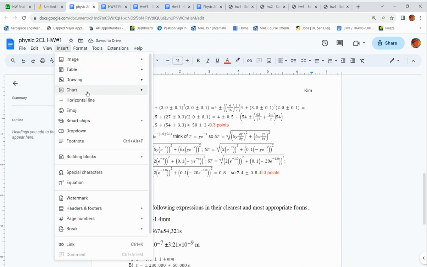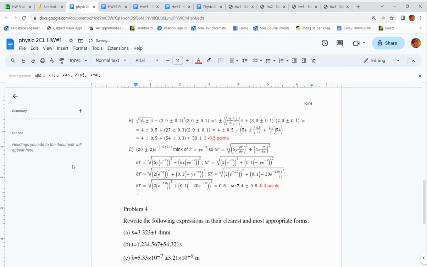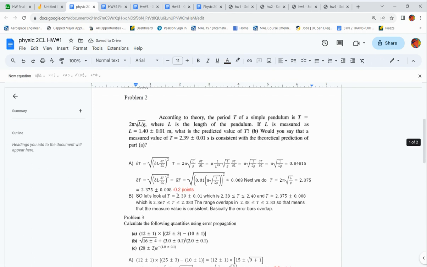So new equation. That's how you do new equation. And let's do, I got this part right? So let's do that. And let's just change this to 1.0 and say that I got the uncertainty wrong and what I needed to do for next time.